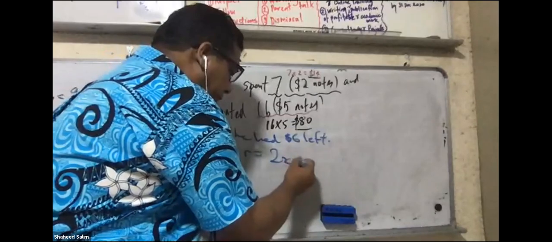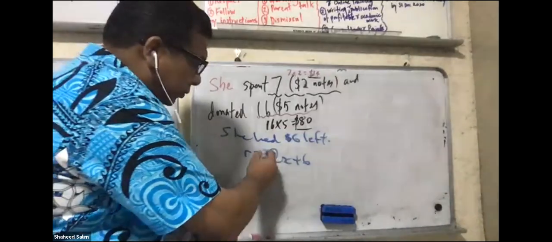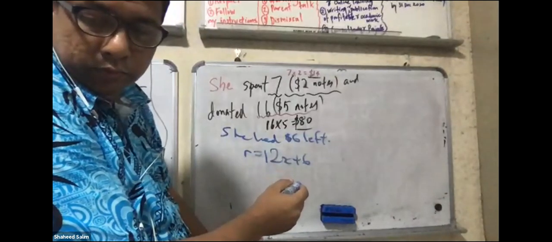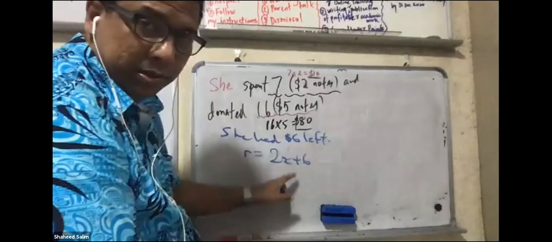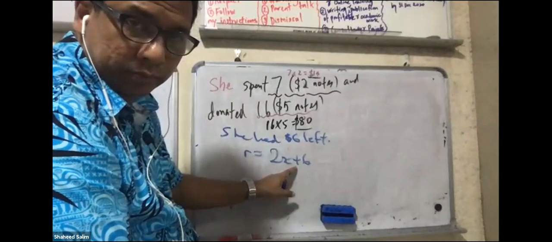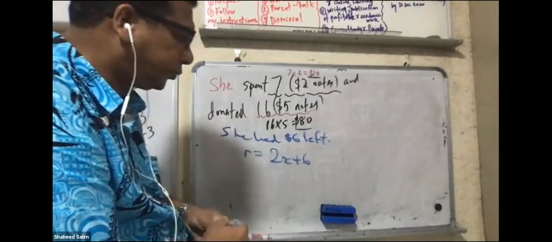2x plus 6. Wait. Sorry, 2x. 2x plus 6. Okay, let us see.